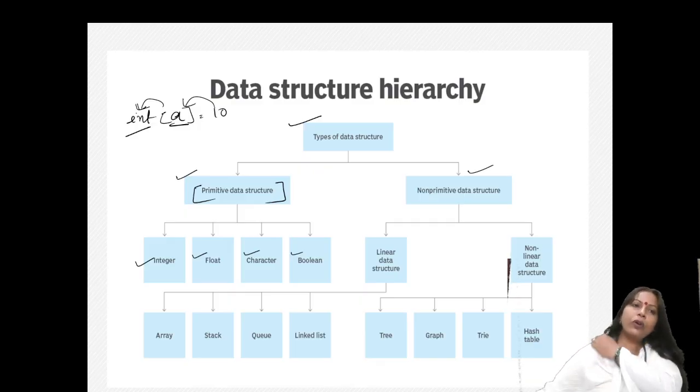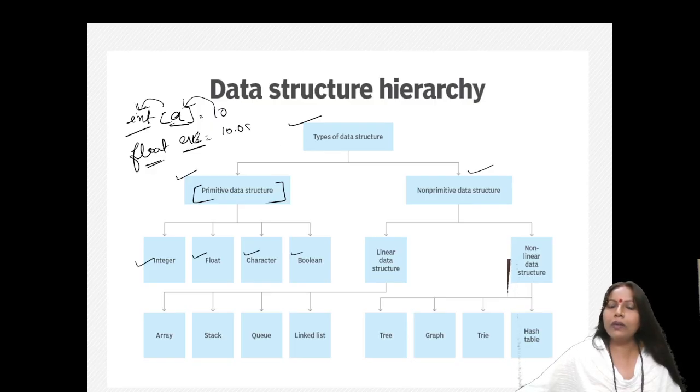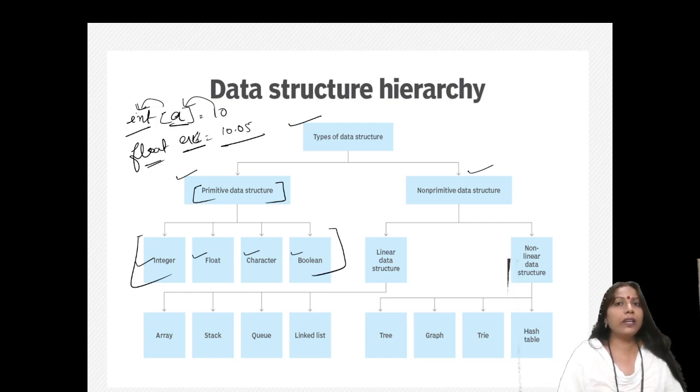Now when I declare float a, this variable a is float by nature and this will store decimal type data. So simple. Till now we have worked with primitive data types. आज तक हम लोगों ने primitive data type के साथ work किया है. Like integer, float, character and boolean.